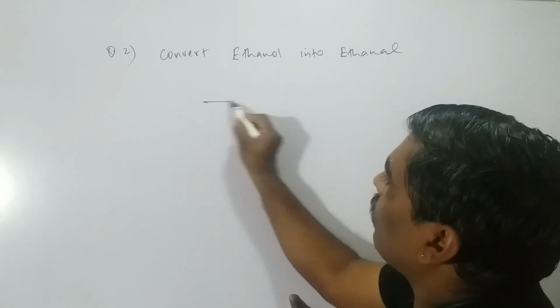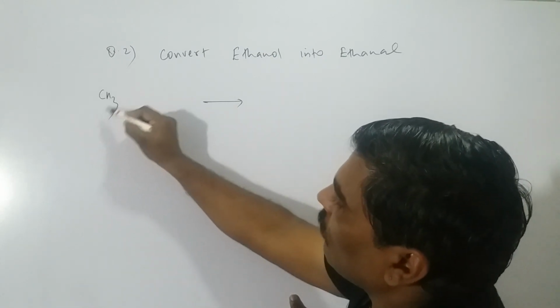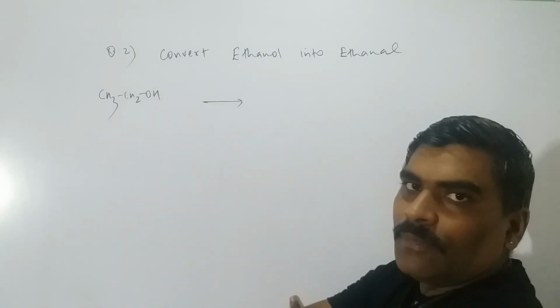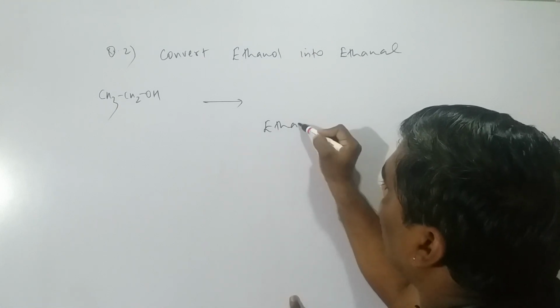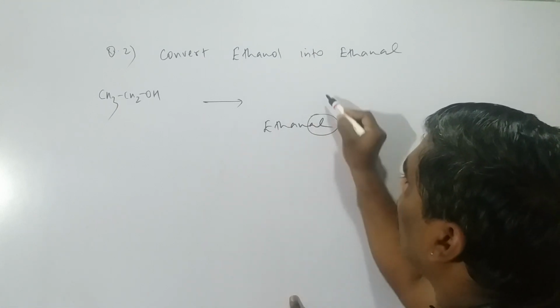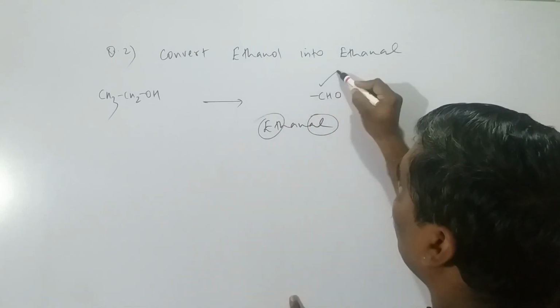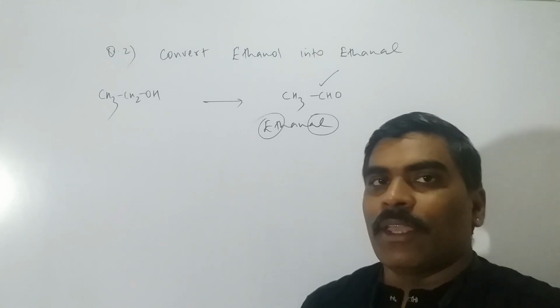First we'll draw an arrow. We want to convert ethanol, so we'll write ethanol here, CH3CH2OH. Now ethanal: we'll try to write the structure. Al for aldehyde, and eth means 2 carbon. 1 carbon is already there, 1 more carbon.